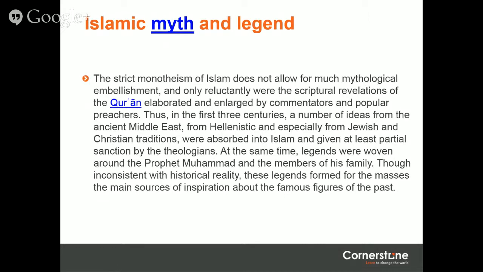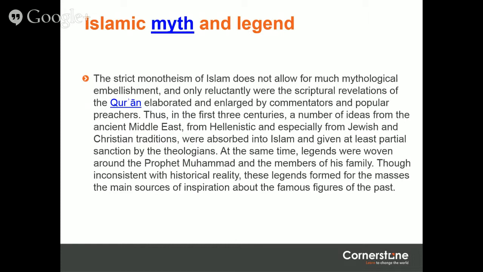Only reluctantly were the scriptural revelations of the Quran elaborated by commentators and popular preachers. While this was happening in the first three centuries, a lot of things were absorbed into Islam and given partial sanction by theologians.